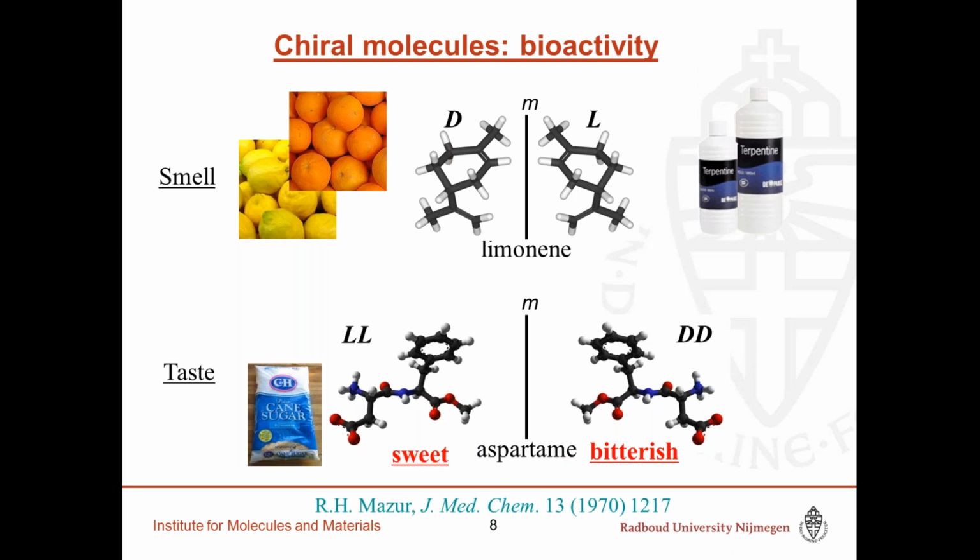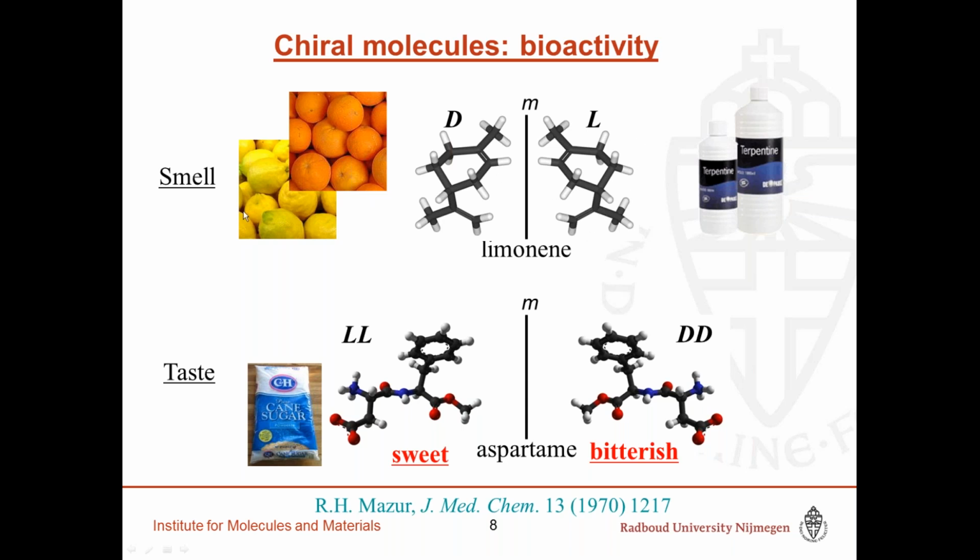Now, a few examples for their effects in terms of bioactivity is the case of limonene, for instance, which is this molecule, which is mirrored to its other enantiomer, to this molecule. Now, the right-handed molecules smell like citrus fruits, oranges, while the left-handed molecule, they smell as turpentine, which is quite a difference.